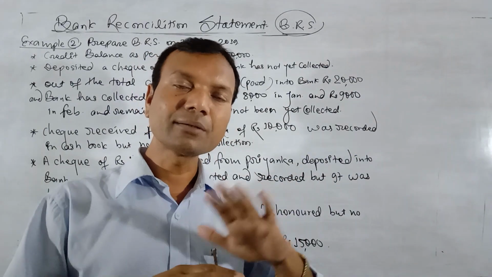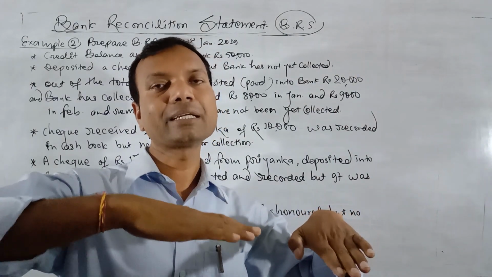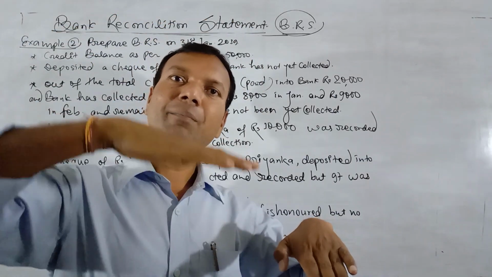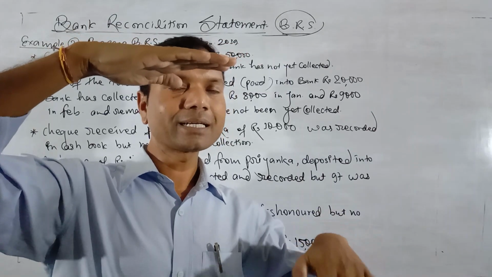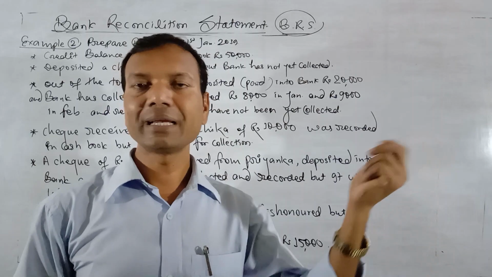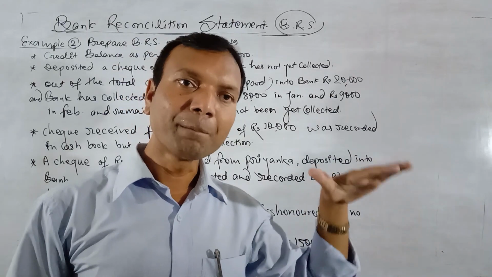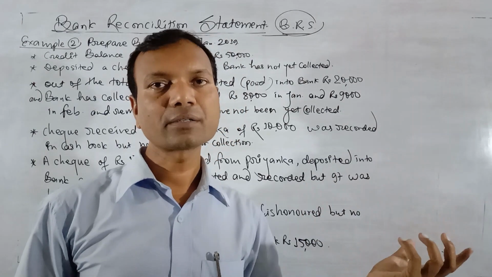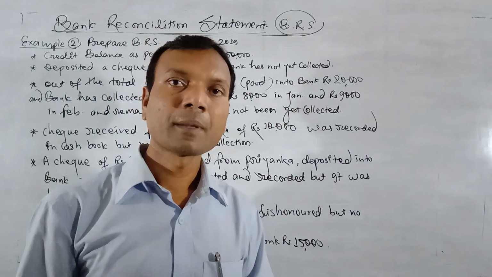Whenever we deposit the check into the bank, we increase the balance of the cash book, and it should also be collected by the bank. The bank collects the checks from the related bank, and when the bank collects it, it records it on the credit side of our account in the passbook.